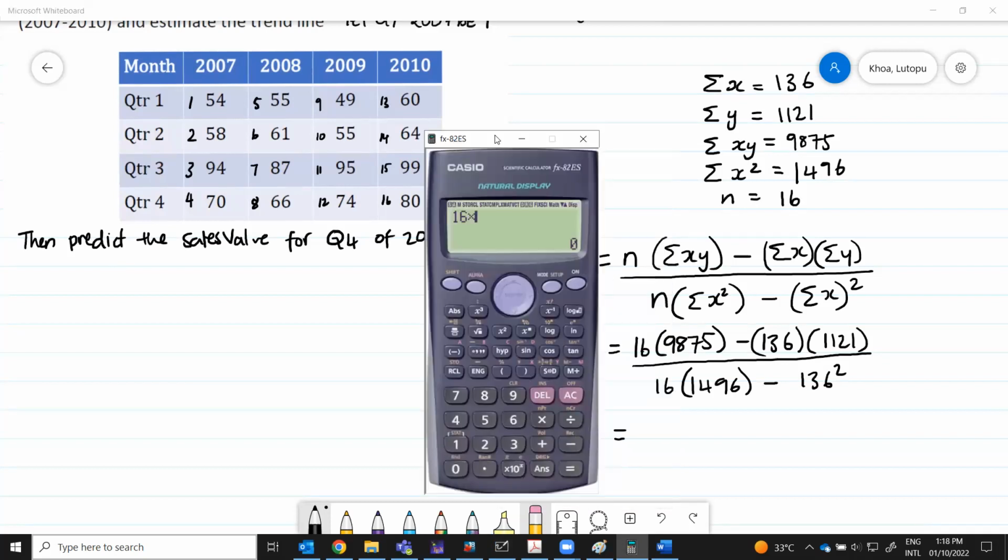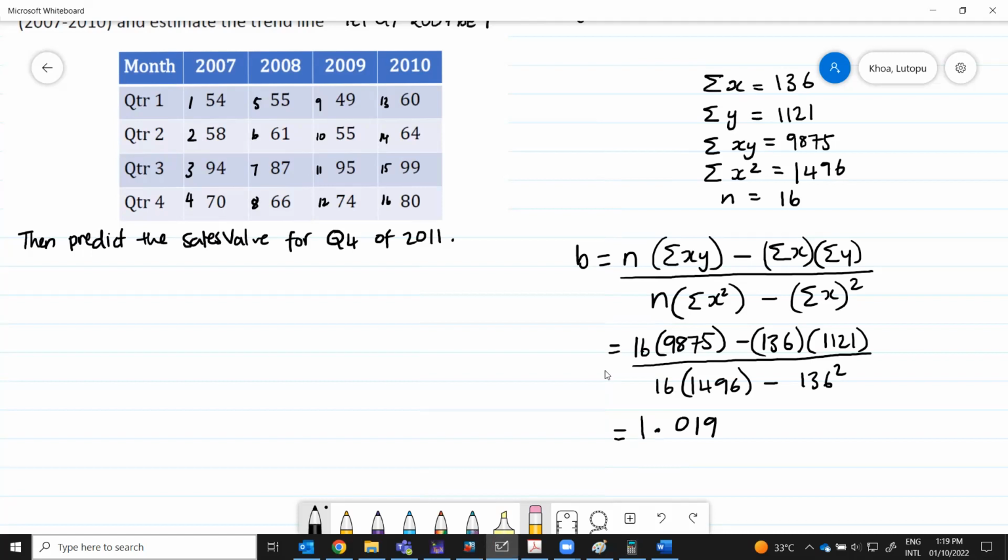So we have 16 times, sorry, I need brackets here. 16 times 9875 minus 136 times 1121, close the bracket, and then divided by 16 times 1496 minus 136 squared. Close your bracket. So this is 1.019.